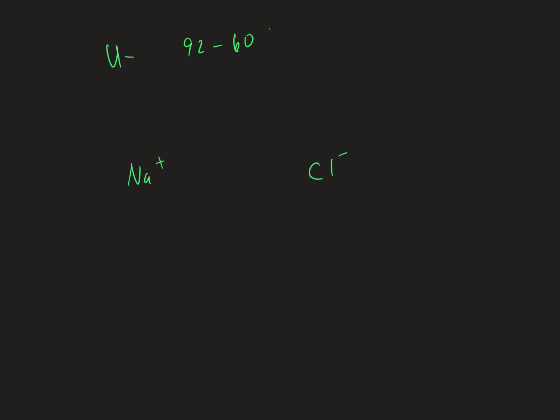How many energy levels does sodium ion have? 2. So n equals 2. What about chloride? 3. So which one is larger now? Chloride. You with me? Because it gained an electron and it's still on energy level 3. Sodium lost an electron, now it's on energy level 2.